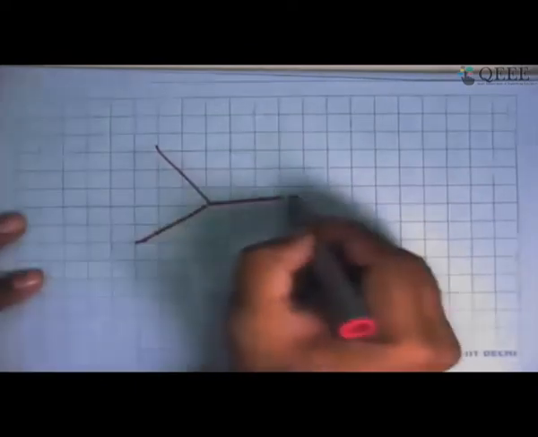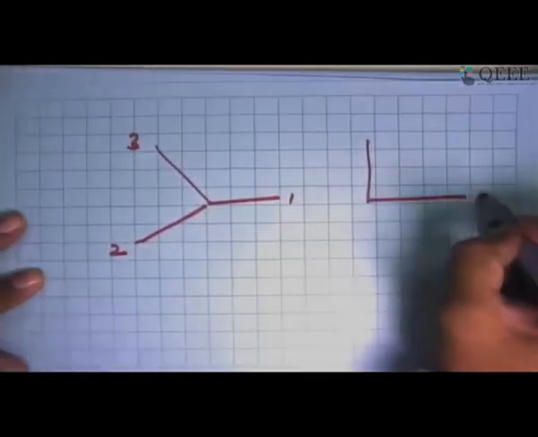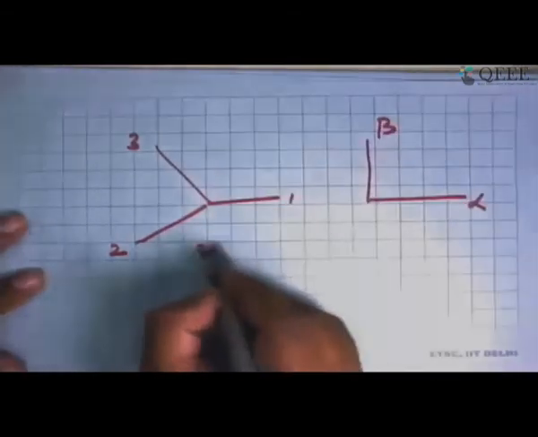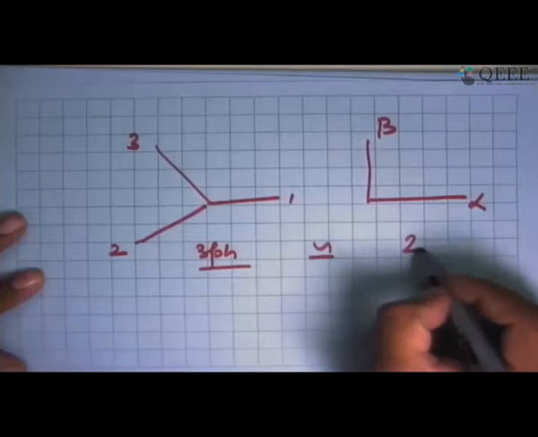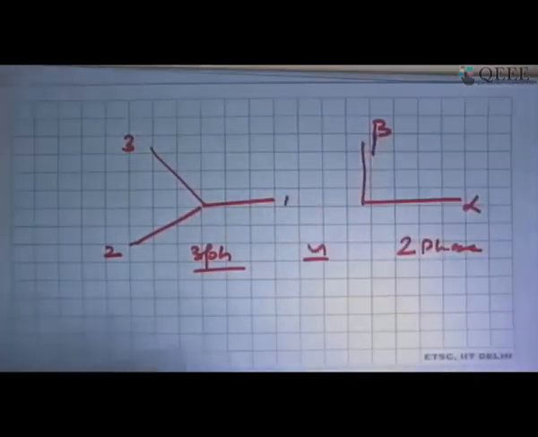So any three-phase system can be represented by an equivalent two-phase system, which is generally named as alpha and beta. So alpha will be along the first axis and beta will be leading the alpha axis by 90 degrees.